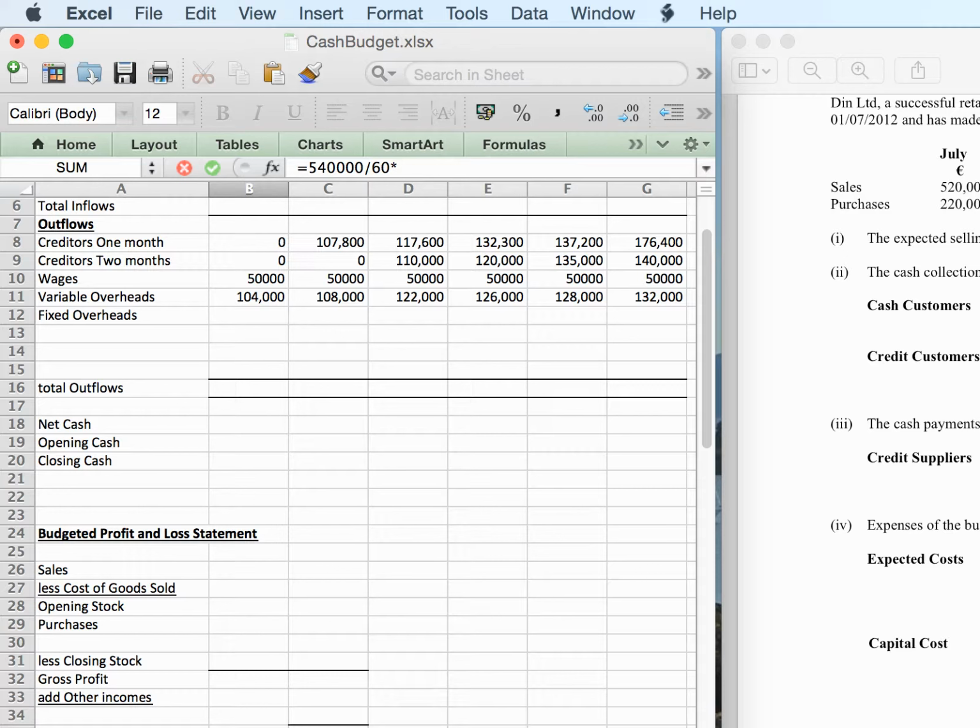So it's going to be bought on the 1st of July, so that's the beginning of all of these 6 months, so I'm going to multiply that by 6 months, by 6. Okay, so that's not correct. 54 grand, I put the wrong figure in there. So 5,400 is the depreciation.